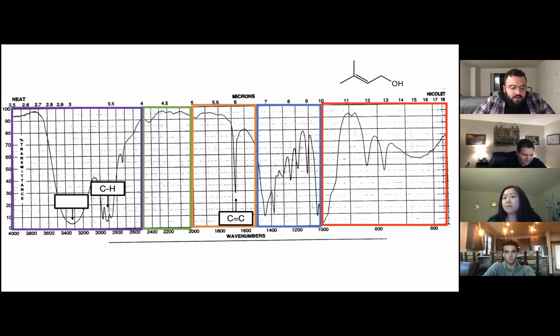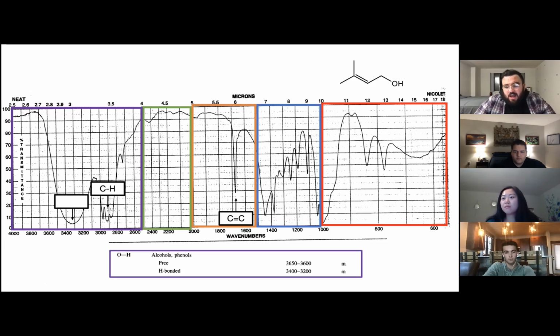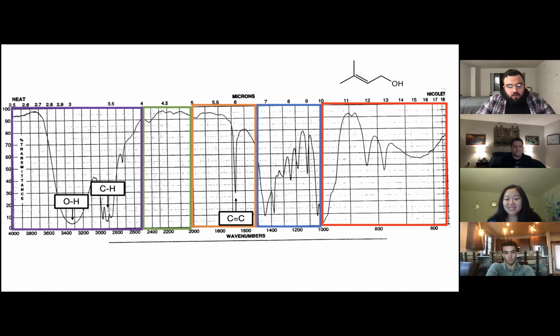And then lastly, you're going to see this big fat thumb over here. That thumb shows up somewhere between 3200 and 3400, and this is one of your more characteristic ones, and that's going to represent alcohols. When we're looking at alcohols, we're looking at the ones that are hydrogen-bonded, right? So your H-bonded alcohols on the bottom are going to be somewhere between 3200 and 3400. So that would likely represent your OH.